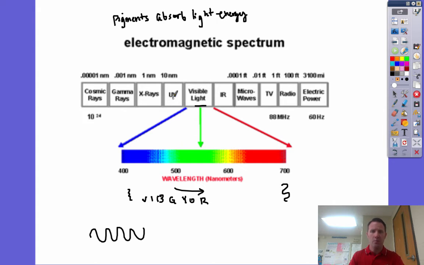So we know that in looking at this, UV light has a shorter wavelength than infrared light, and so on. And so these would be the biggest over here. Electric power must be like wow. Cosmic rays must be like that, tiny. So increasing wavelength from left to right on this chart.